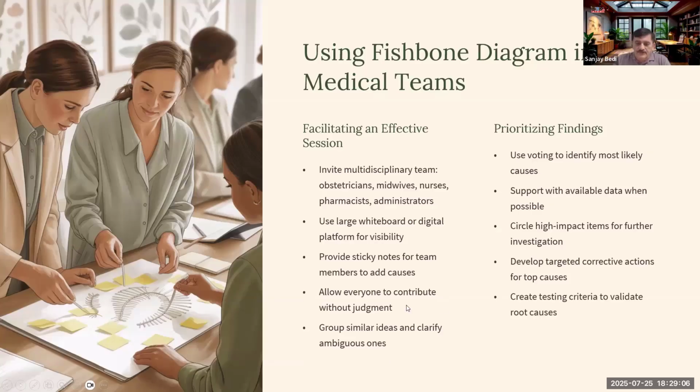Bring similar ideas together, and by voting together, you identify the most likely causes and support them with available data when possible. Circle the high impact items for further investigation and develop targeted actions for the top causes. Create testing criteria to validate the root causes.